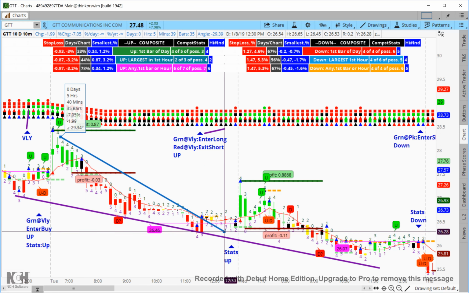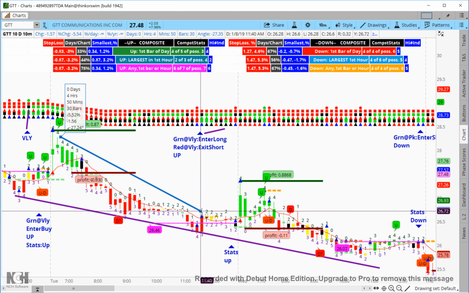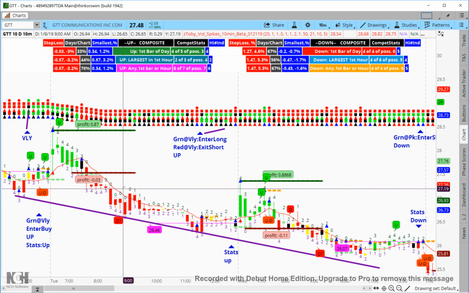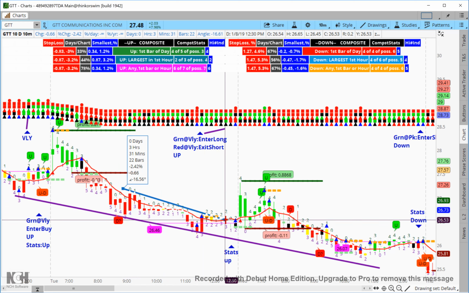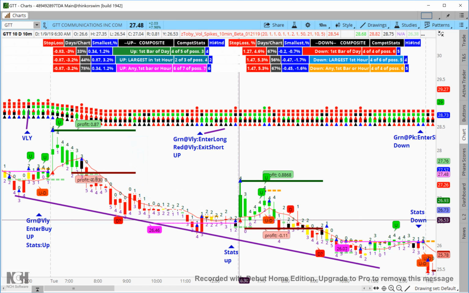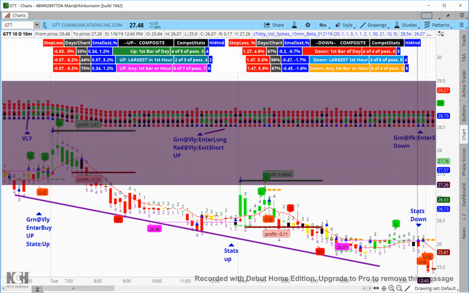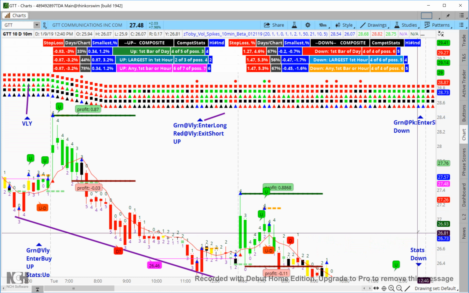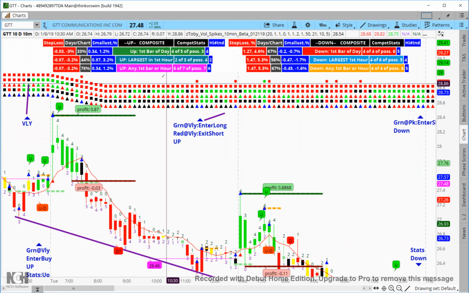Sometimes the lines are helpful, sometimes they're not. So I could zoom in a little bit and make it bigger. Okay, so we're in a downtrend.